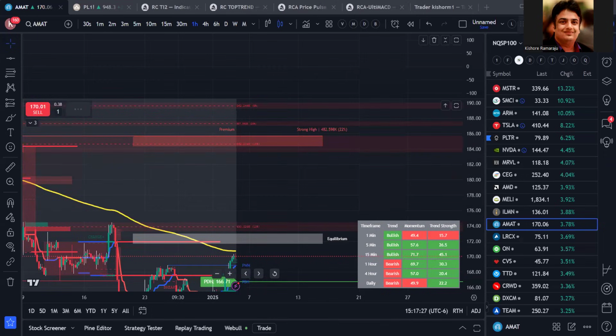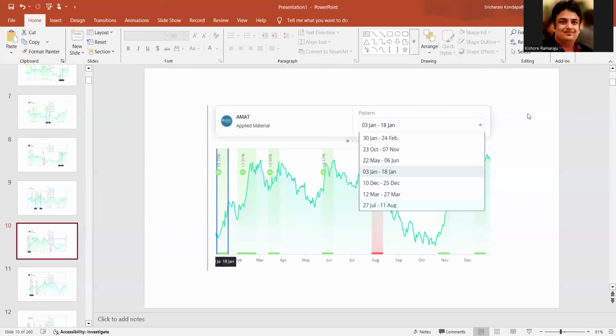So as I mentioned, one more thing. We are developing a software which will look at the last 30 years of data, and then it will suggest when the stock can move, right?